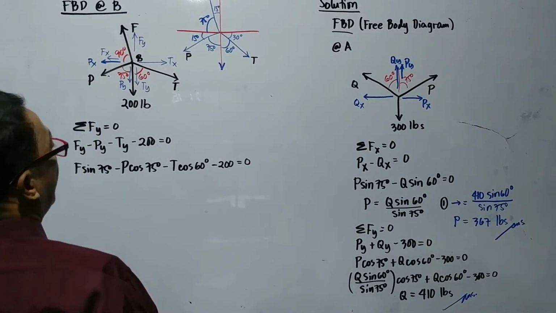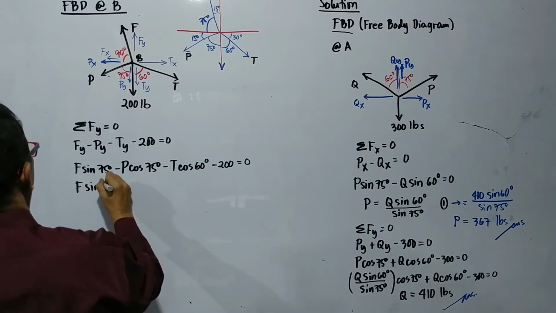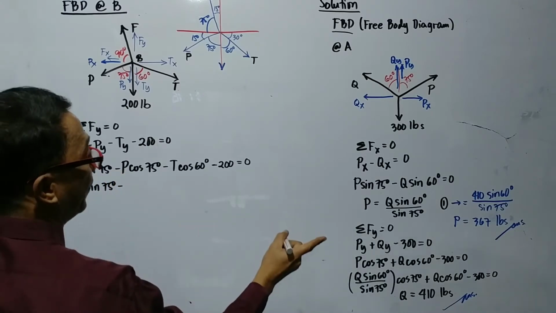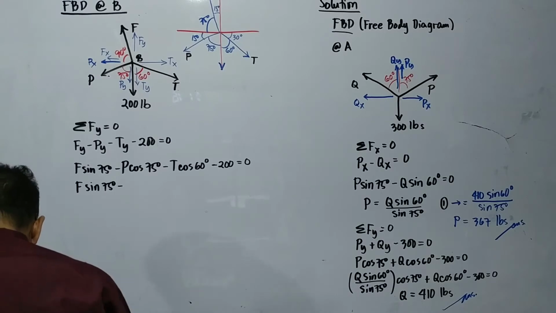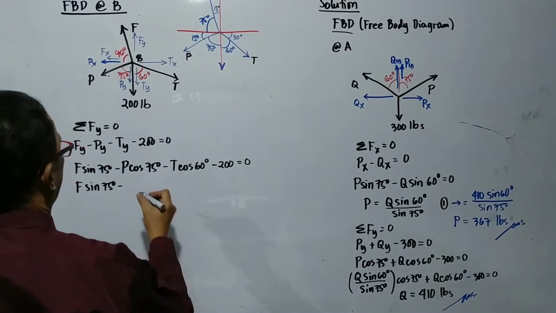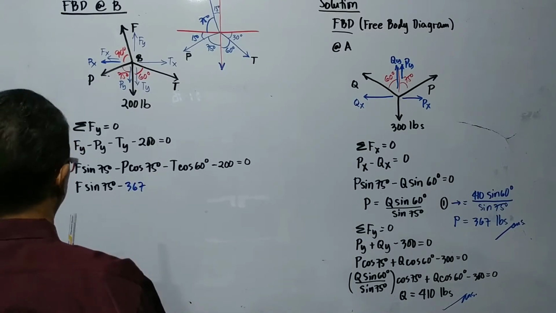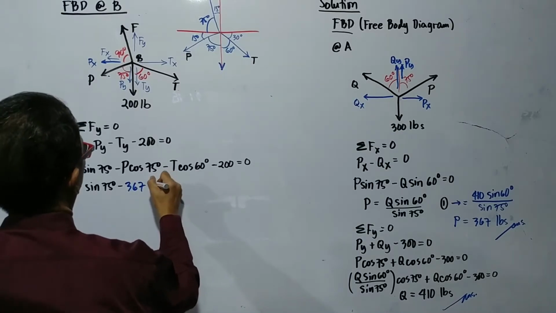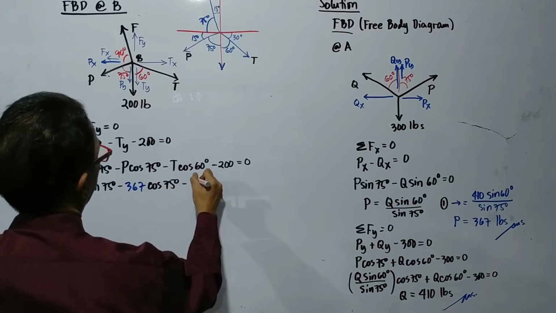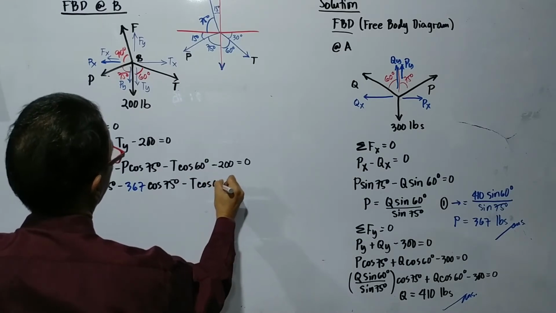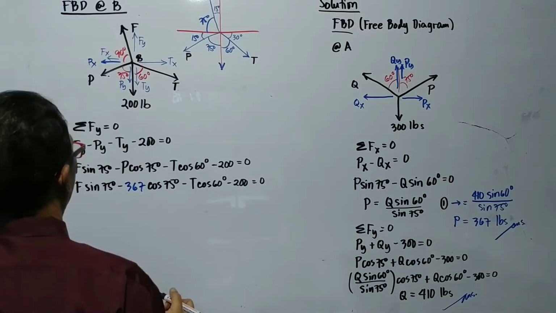We don't have the value of F, so we have F sine 75. We have the value of P. Our P is 367, cosine 75, minus T cosine 60 degrees minus 200 equals 0.